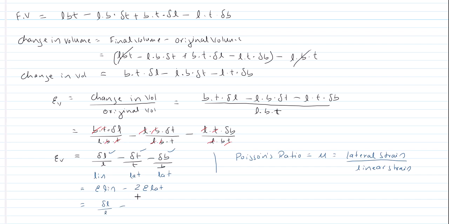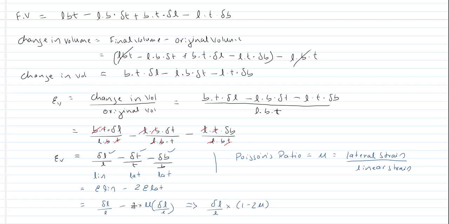For lateral, I can write 2 times mu, because the lateral dimensions change with respect to delta L by L. So I will take this delta L by L common outside and multiply with 1 minus 2 mu.